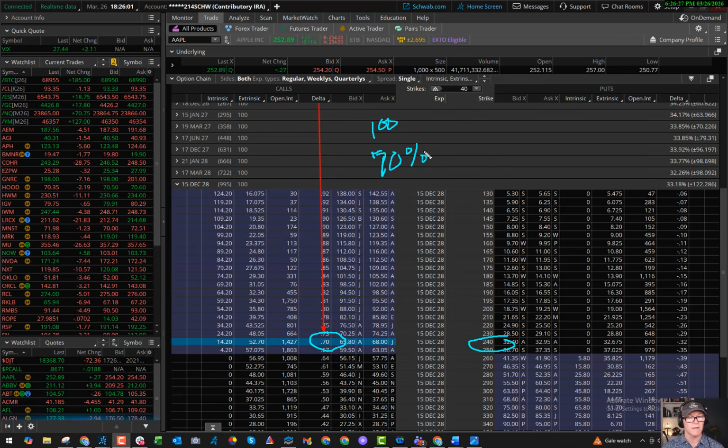So it won't move dollar for dollar typically. So you get 4 times the amount of shares that you control, but they might not move as directly as owning, for example, 400 shares.